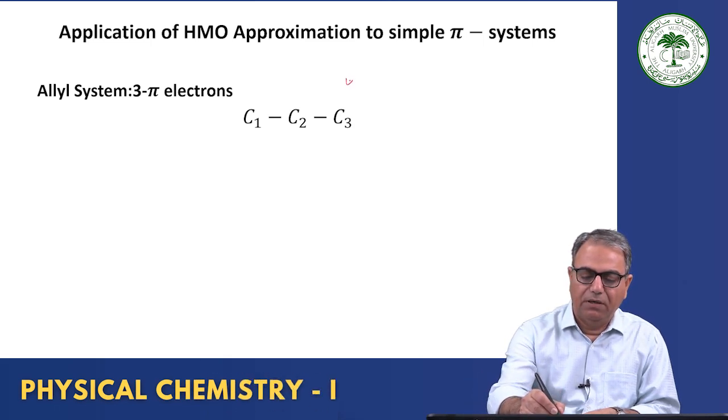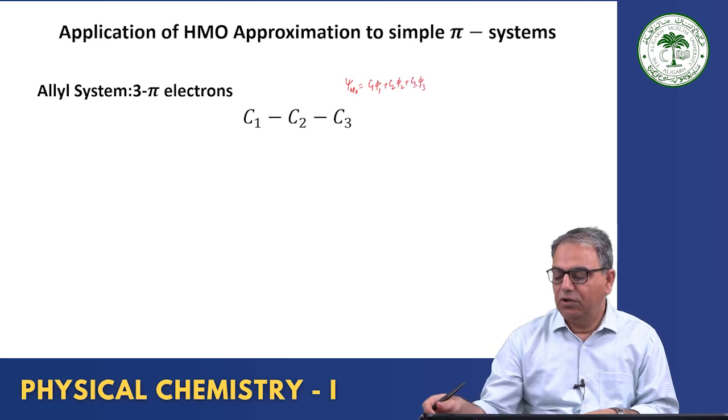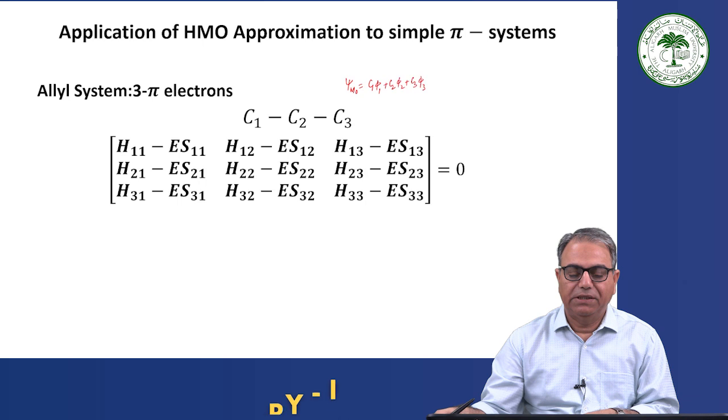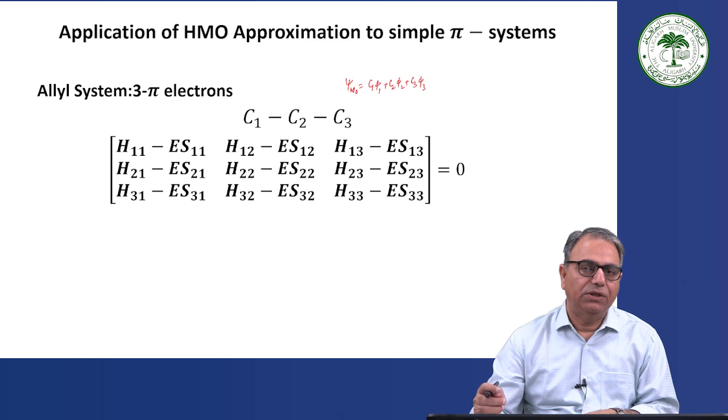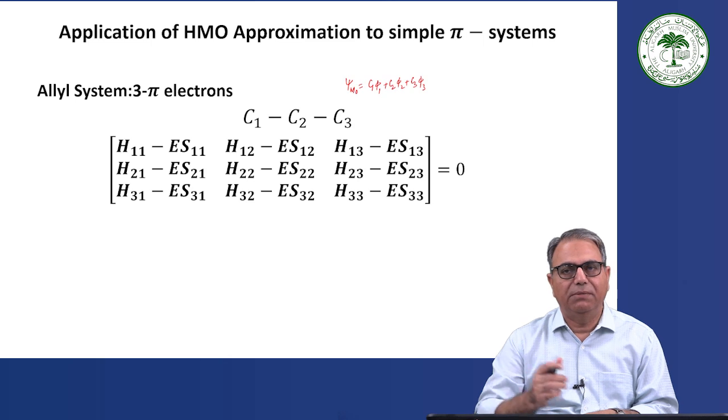Psi MO will be the summation of C1 phi 1 plus C2 phi 2 plus C3 phi 3. It will give you a 3 by 3 determinant, because you are using phi 1, phi 2 and phi 3, where each represents the pz orbital present on carbon number 1, carbon number 2 and carbon number 3.